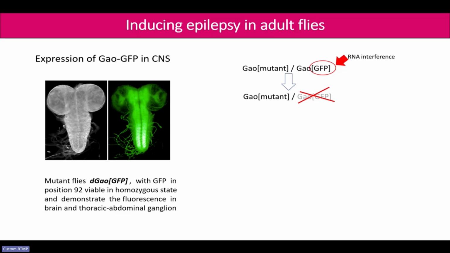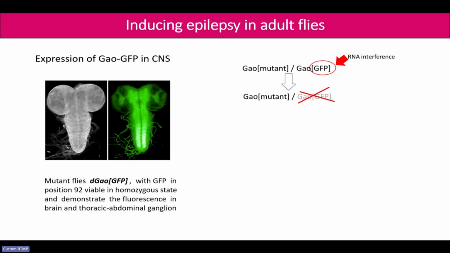And if we can do it in a tissue-specific way, we can have viable flies, because if we do it in the total organism, these flies can't survive.